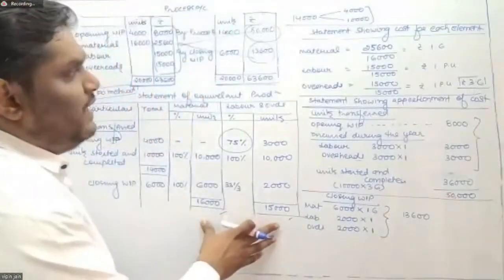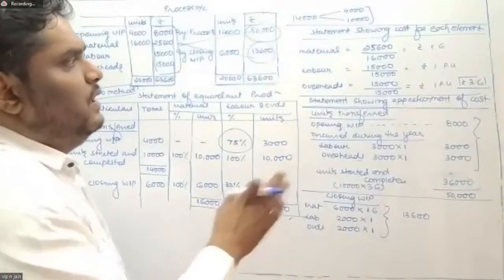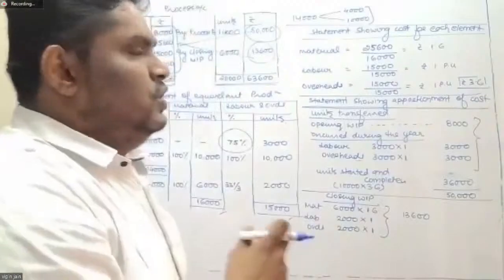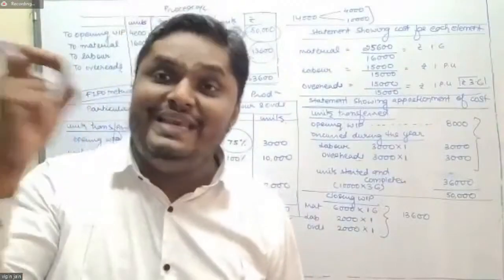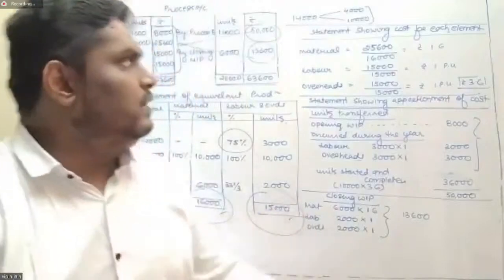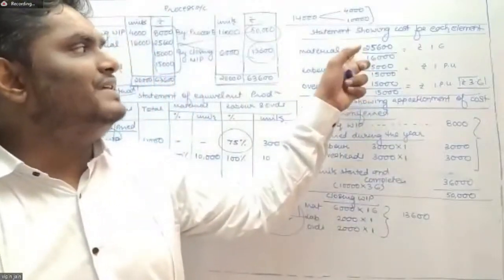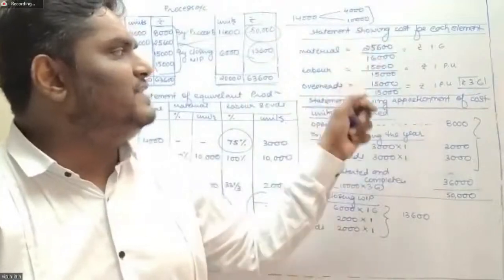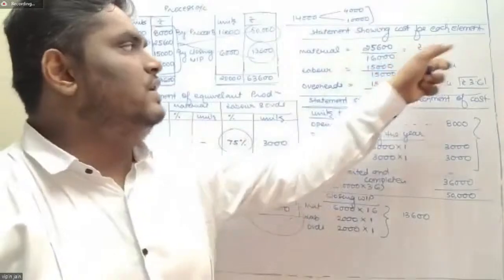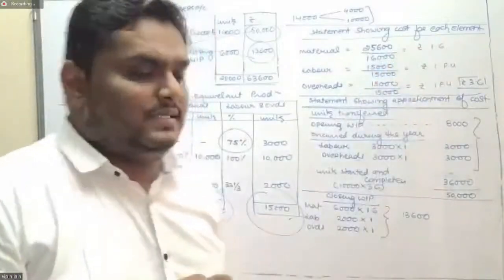So this is how we calculated the equivalent number of units. Now the next part, that is statement showing calculation of cost per unit. So the overall material cost that is incurred, see, these two figures represent the work done during this year. So we have taken the material cost that is incurred during this year, that is 25,600, divided by the equivalent number of units, that is 16,000. So this is how we got 1.6.